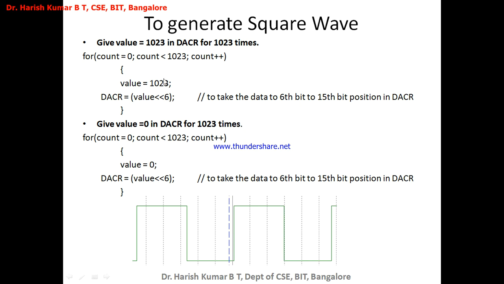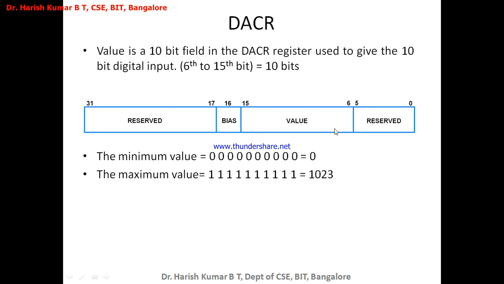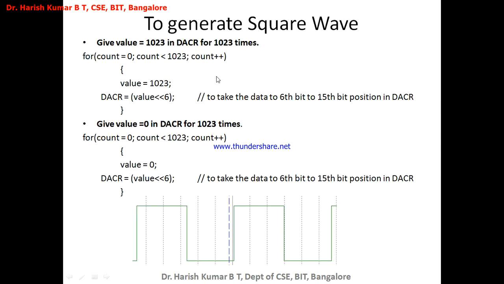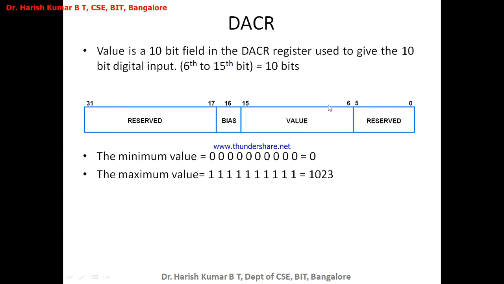Value is a variable here. I'm assigning 1023 to this variable, and from this variable I'm shifting it left by 6 places. Why? Because I want the entire 1023 to be in the position from the 6th bit till the 15th bit.